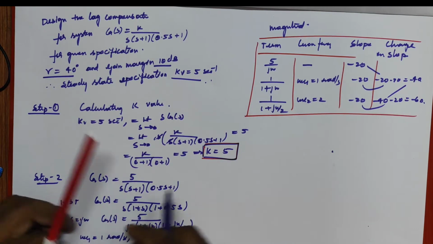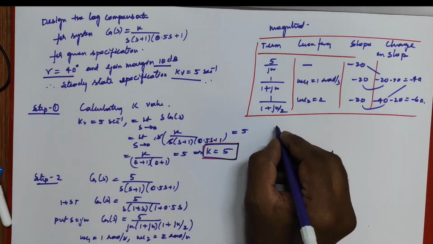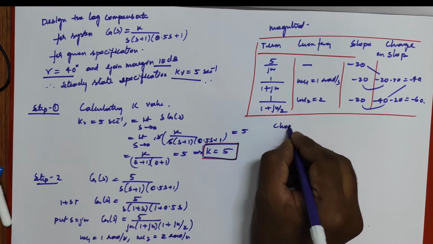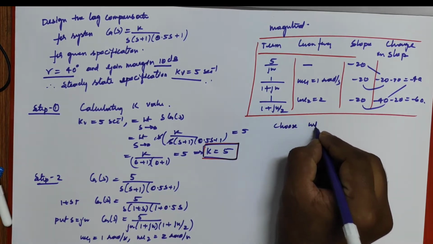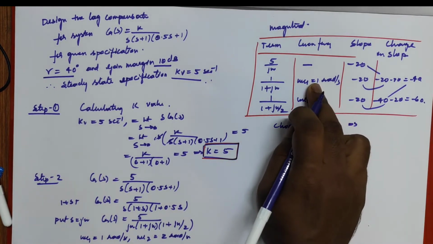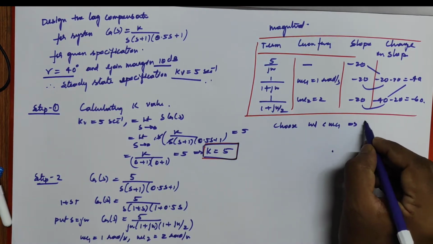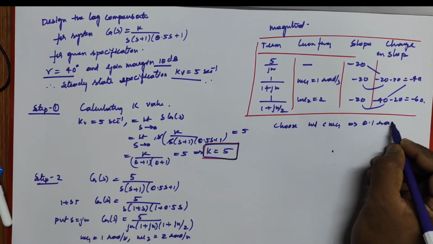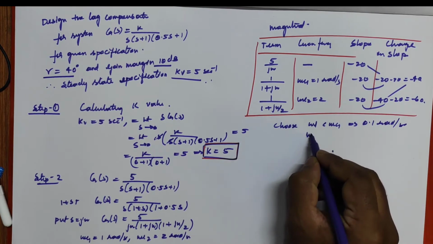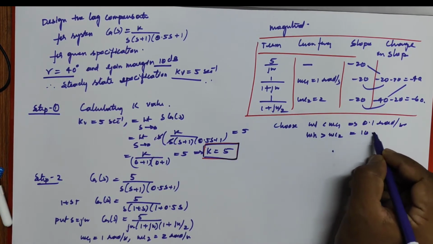Now we have to find the magnitude at different frequencies. To do that, we choose a low frequency, omega L, less than omega c1. Since omega c1 equals 1, I choose omega L equal to 0.1 radians per second, and a high frequency greater than omega c2, so I'll take omega H equal to 10 radians per second.